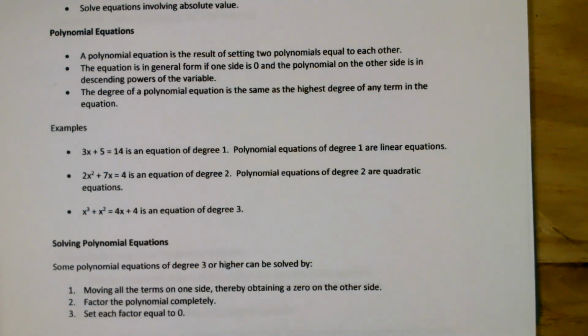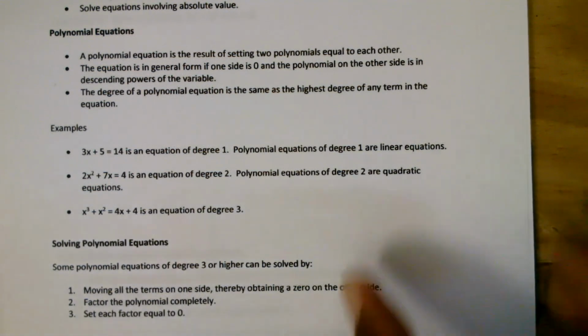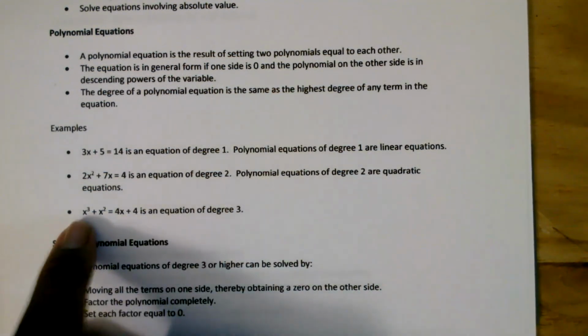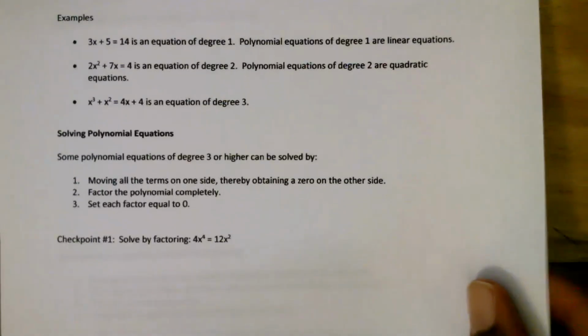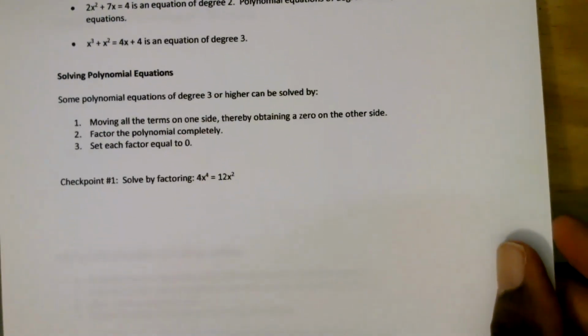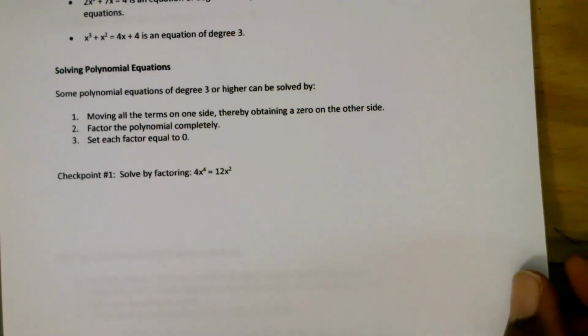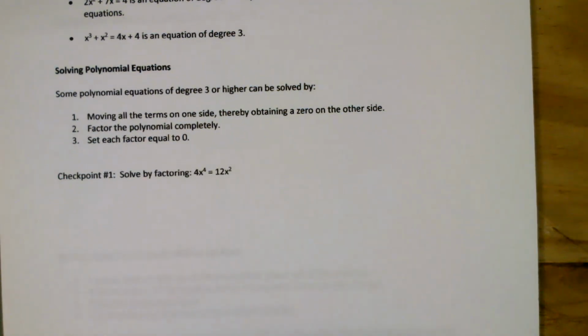All right, now we're going to be solving polynomial equations of degree 3 or higher. And here's the procedure for that. Some polynomial equations of degree 3 or higher can be solved by this. Number one, you want to move all the terms to one side, thereby obtaining a 0 on the other side.